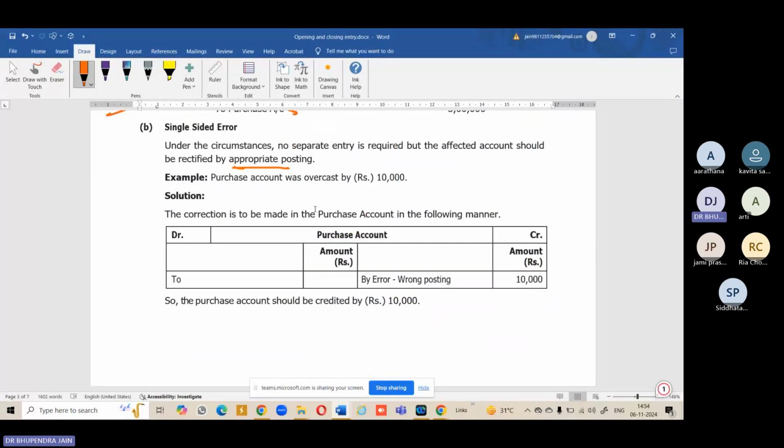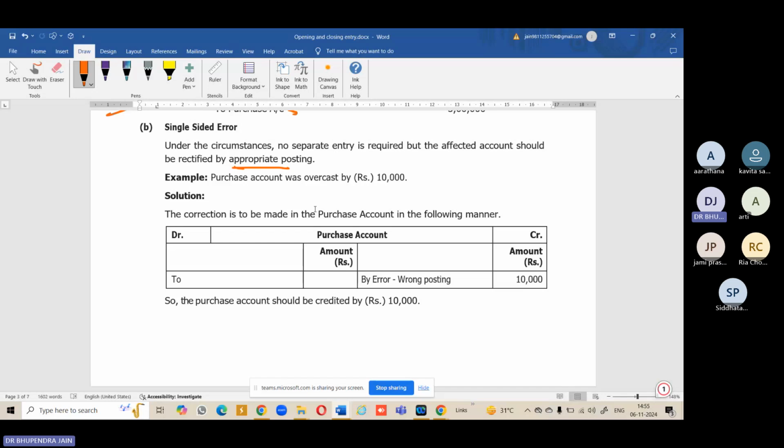Okay, the purchase account was overcast by rupees 10,000. Wrongly, maybe we entered a wrong calculation or the wrong amount. So in case the purchase account is overcast, the amount which is overcast we write down on the credit side, because the purchase balance is debit.